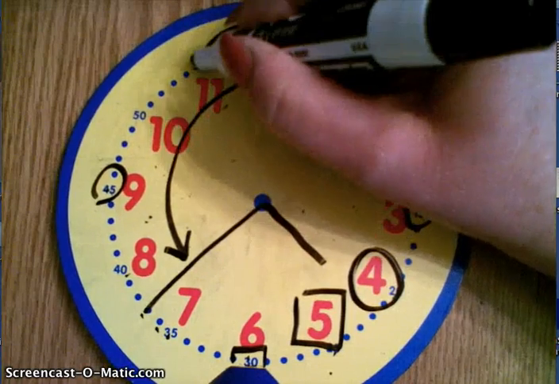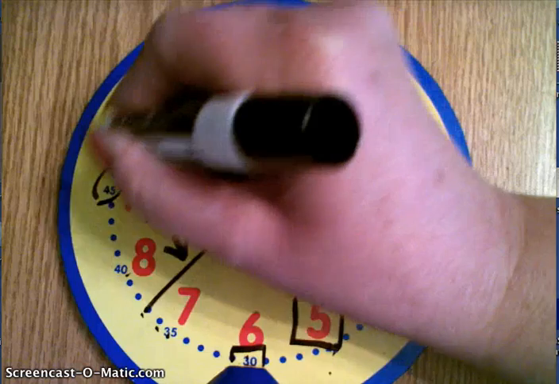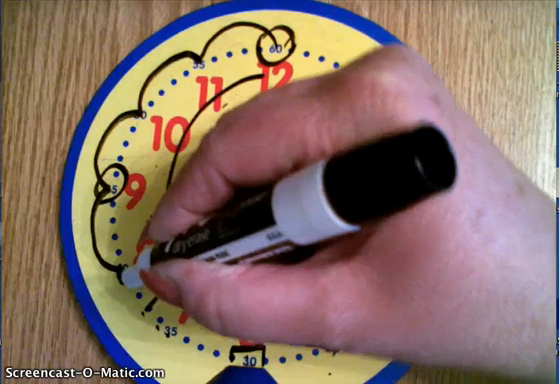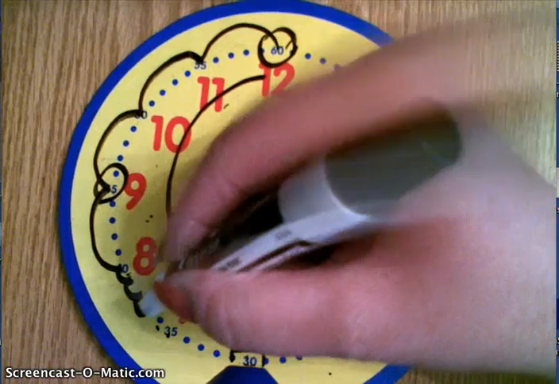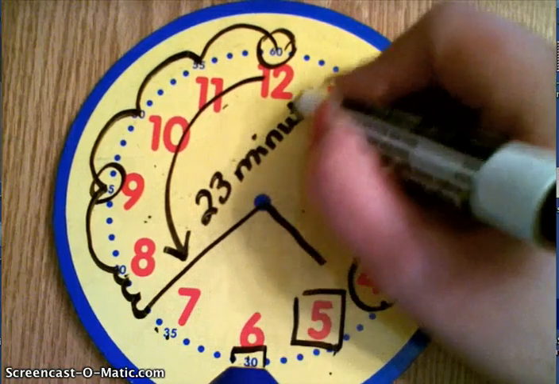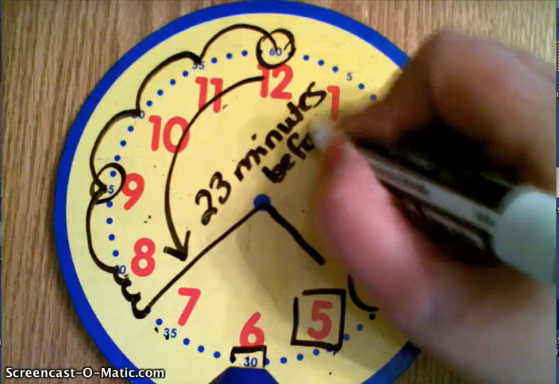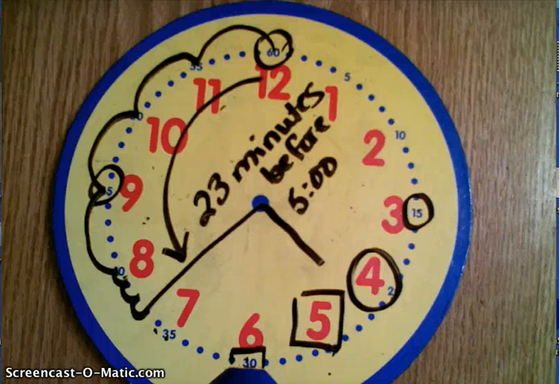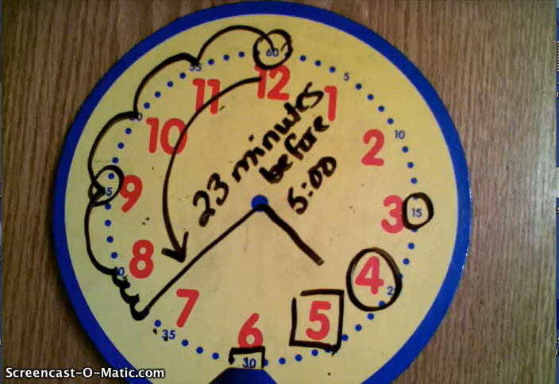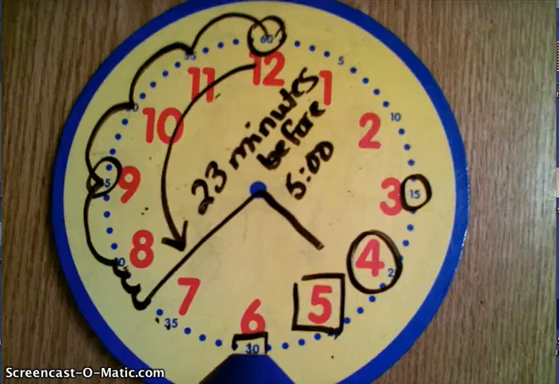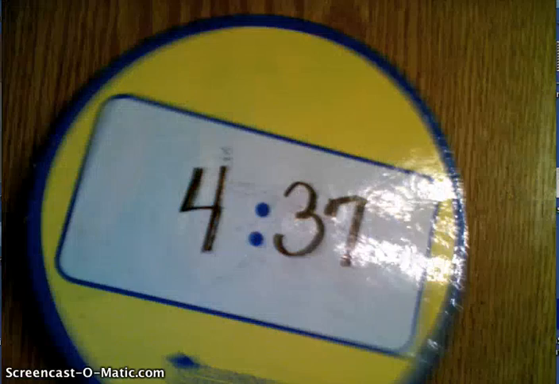So here's 5, 10, 15, 20, 21, 22, 23. 23 minutes before 5 o'clock. 4:37 and 23 minutes before 5 o'clock are the same time. So now that we know how to use an analog clock, we can tell time both traditionally and digitally.